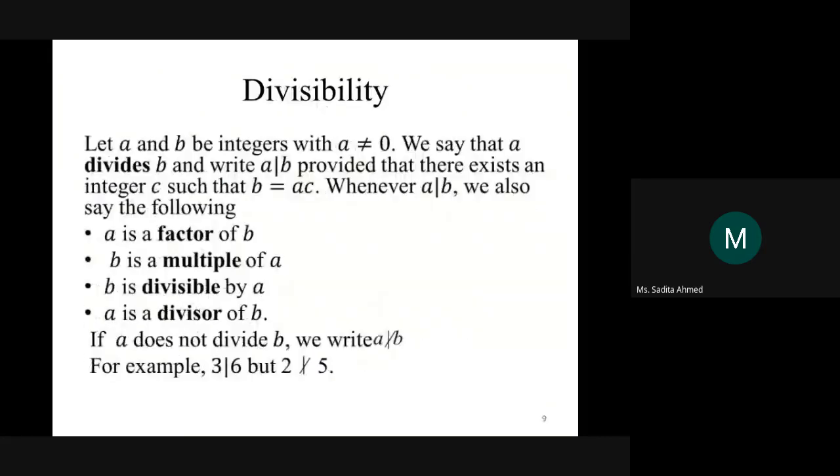Okay, see here, b is divisible by a because b is equal to ac. Because a is here. If you can represent b as the multiplication of these two factors, then it means that b can be divided by a because a is a factor.